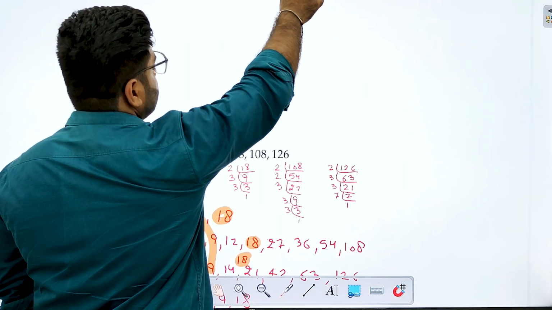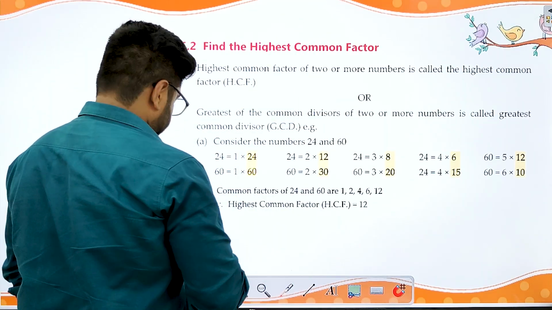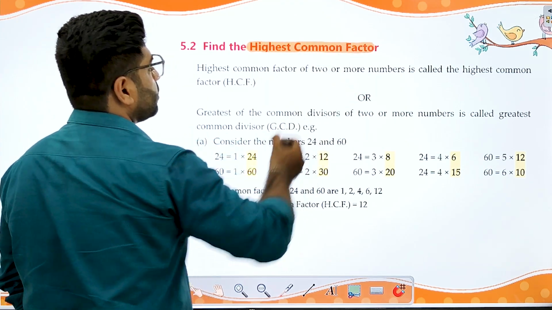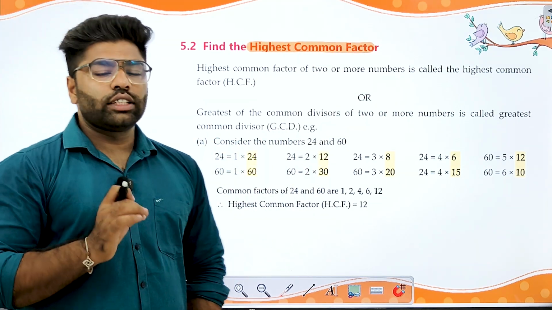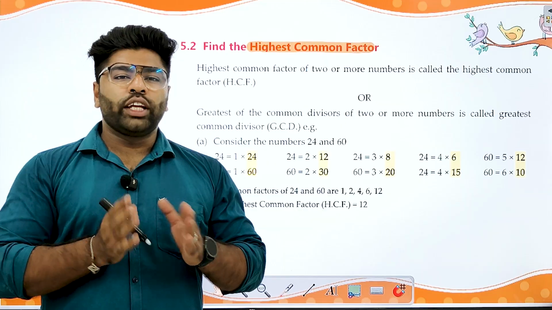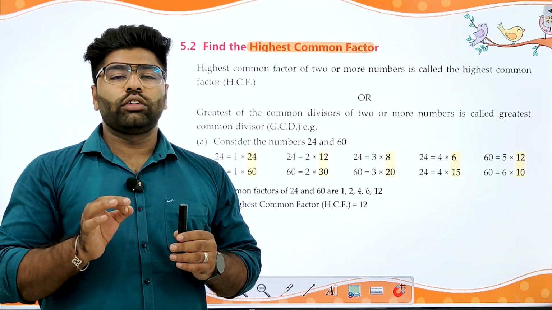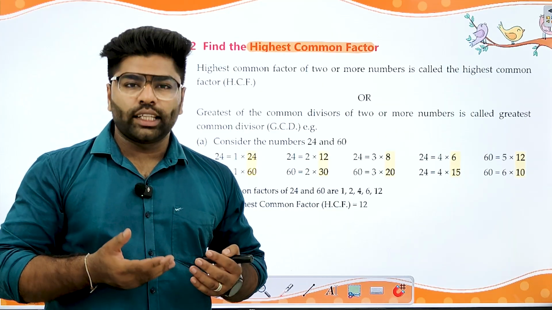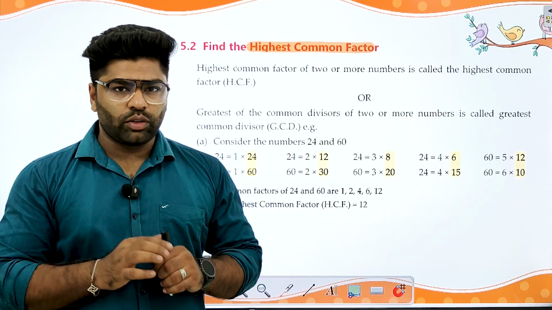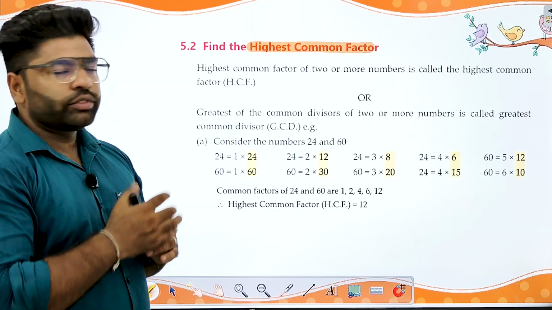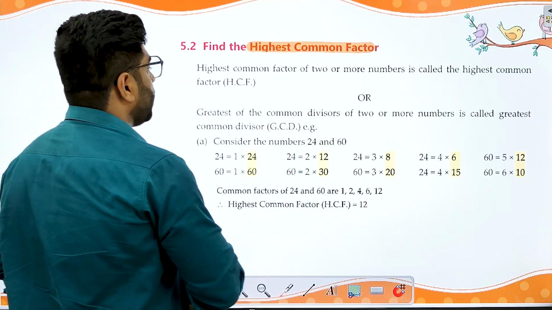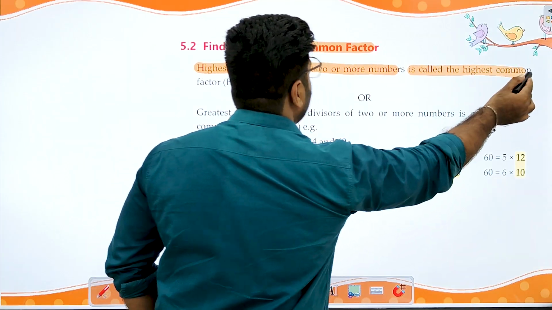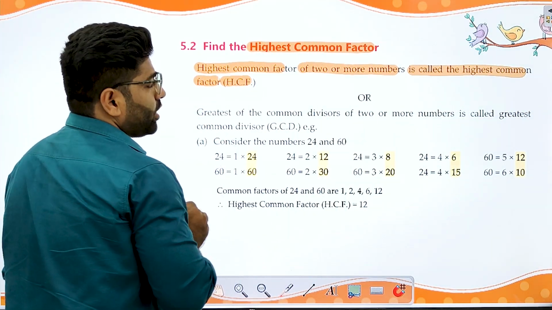Now move to the next exercise or topic. The next topic is the highest common factor. Highest common factor is the number you find when you take 2 or 3 numbers and find the highest number by which you can divide all of them. The highest common factor of 2 or more numbers is called the HCF.